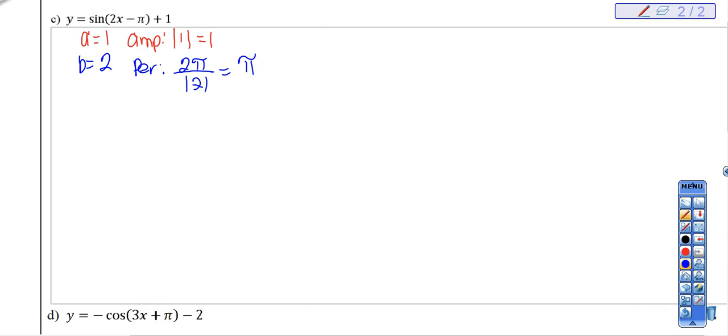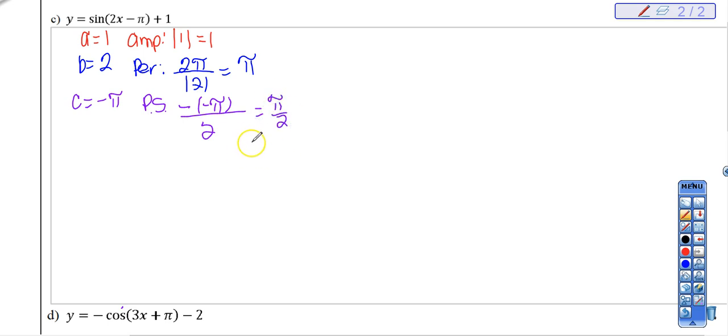Okay, then we have our C term, which is negative pi. All right, and we have to use our C term in conjunction with our B term to find our phase shift. So your phase shift is the opposite of your C term over your B. So that would be pi over 2.